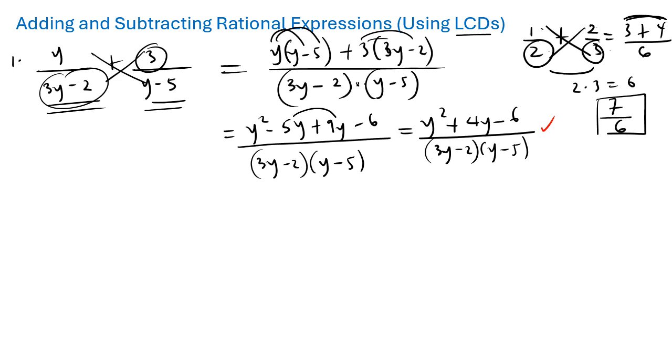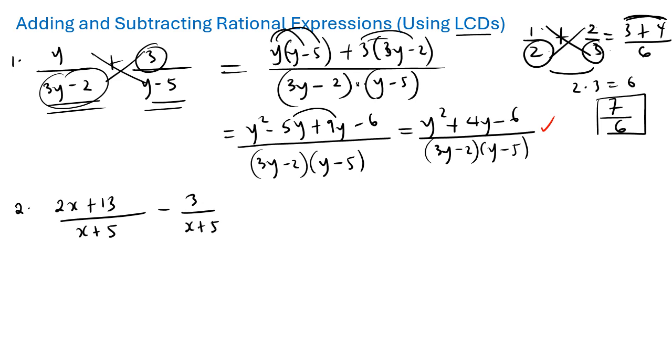Let's do another example. Let's say we have 2x plus 13 divided by x plus 5, then minus 3 over x plus 5.